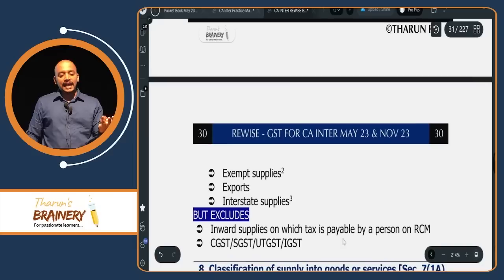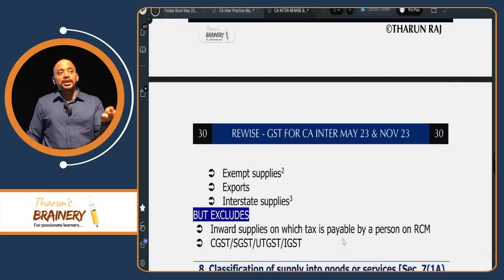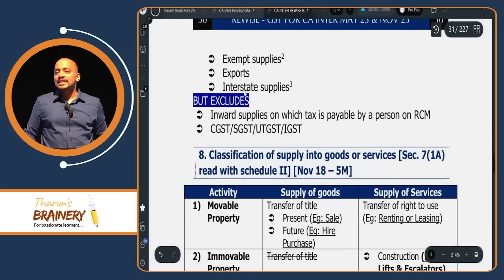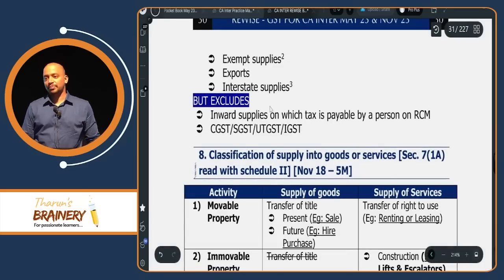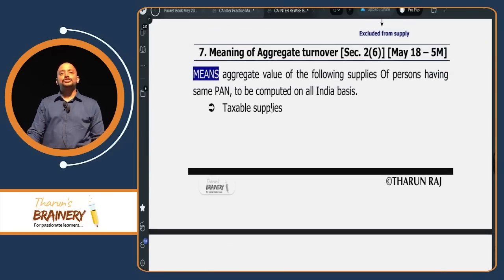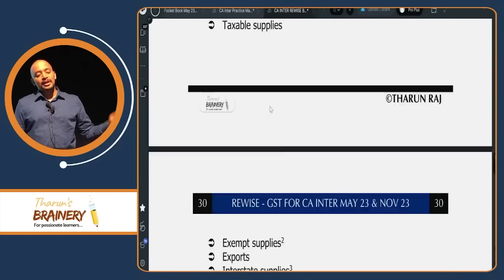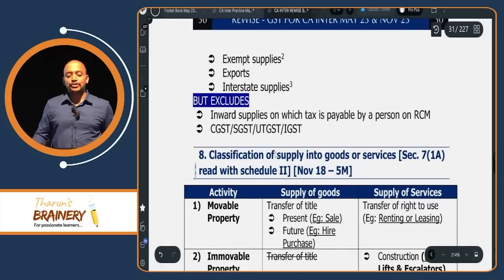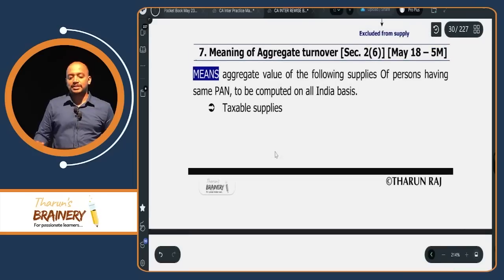Taxable, exempted, exempted includes non-taxable, then zero rated, that is exports, and supplies to SEZ. Supplies to SEZ is interstate supplies. So everything will come in aggregate turnover, and aggregate turnover should be computed on all India basis.